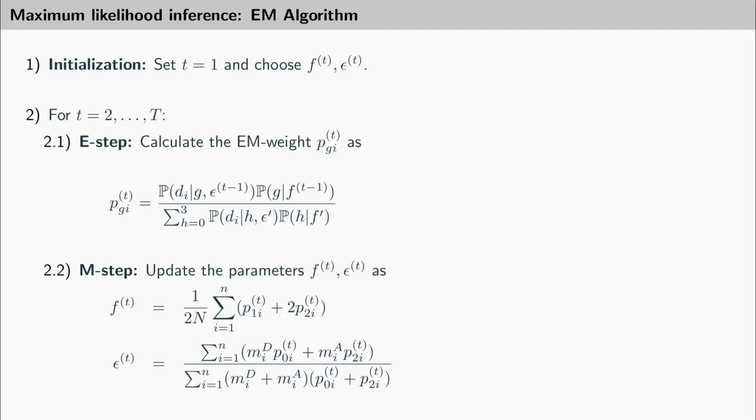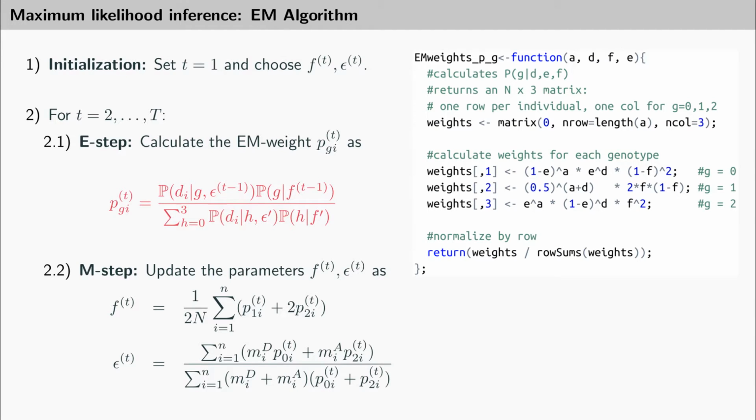Key to the implementation of this algorithm is therefore to have a function that allows us to calculate the EM weights P_Gi under this model. On the right now I show you our code for exactly such a function. In this R code, I'll denote by A and D the number of ancestral and derived alleles, so those who correspond to M_IA and M_ID in the math, and by F and E the two parameters f and ε.